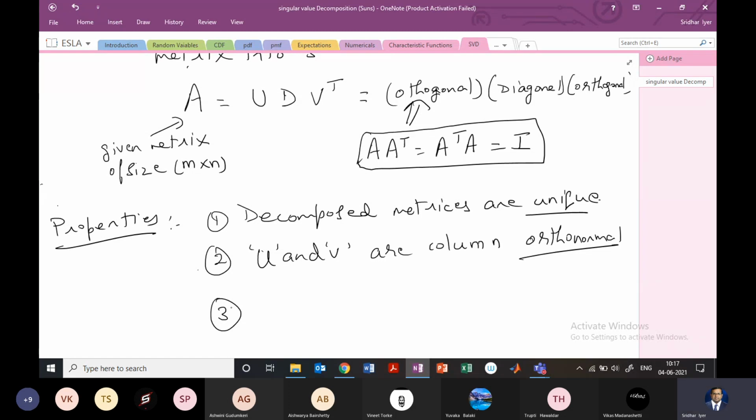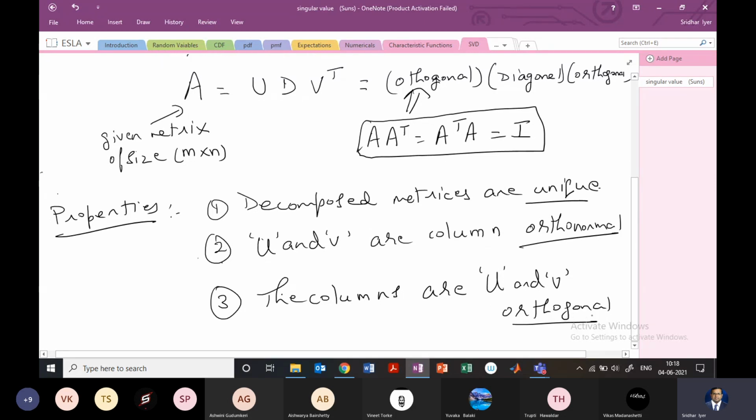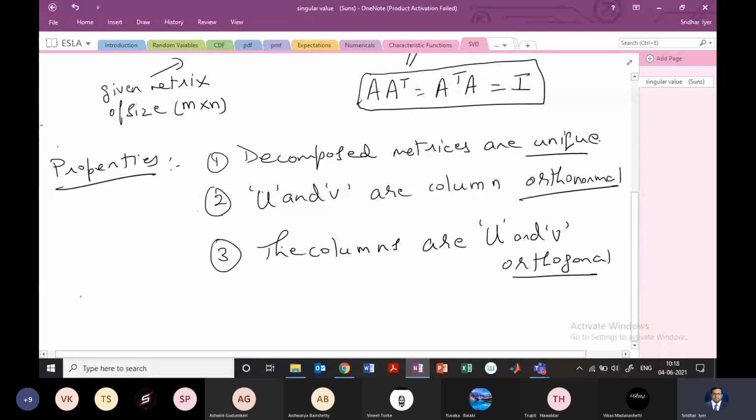So we'll see in the numerical why they are orthonormal, right? In this, the columns of U and V are orthogonal. Okay, again we'll see what this means in the numerical. Right now it is difficult to explain it.